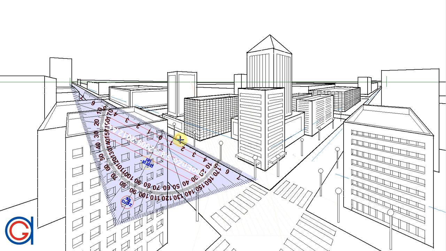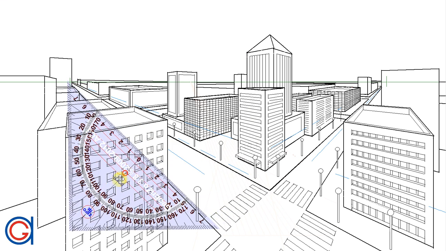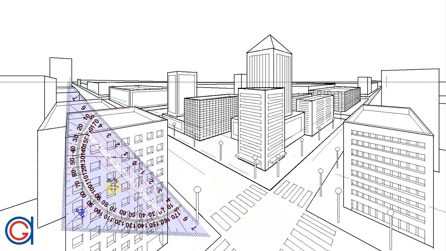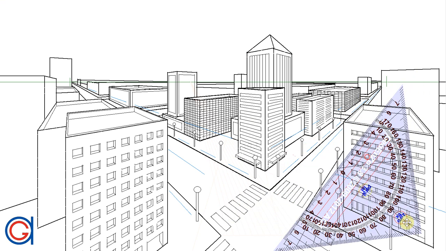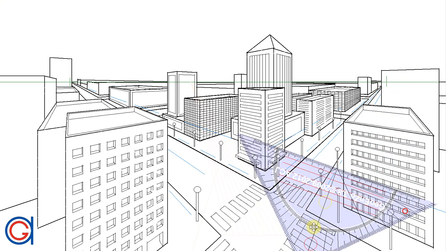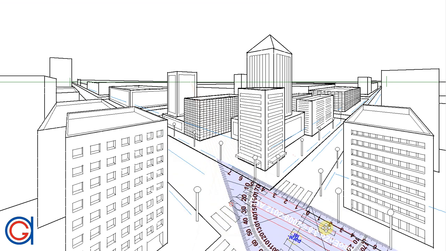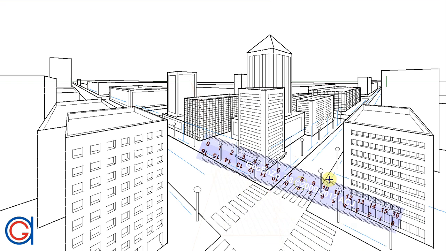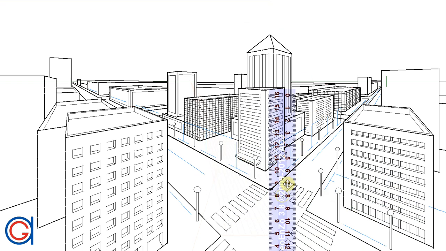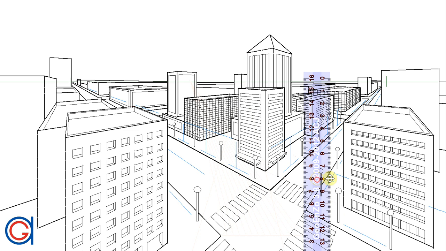And now we will draw another construction line where the base of the trees will be located, as can be seen here. Next, we draw vertical lines to represent the trunk of each tree between each street light.